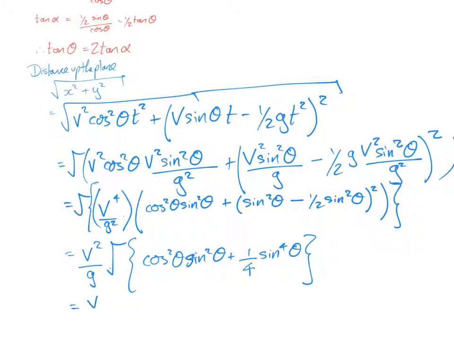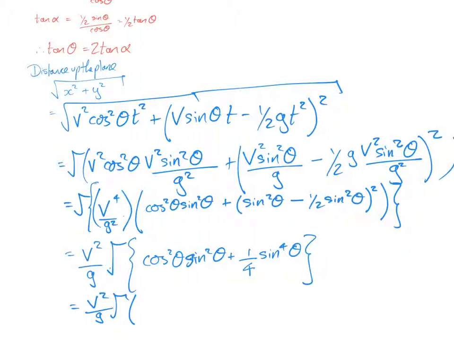So we're going to go v squared over g square root, and I'm going to divide by cos to the 4 theta.